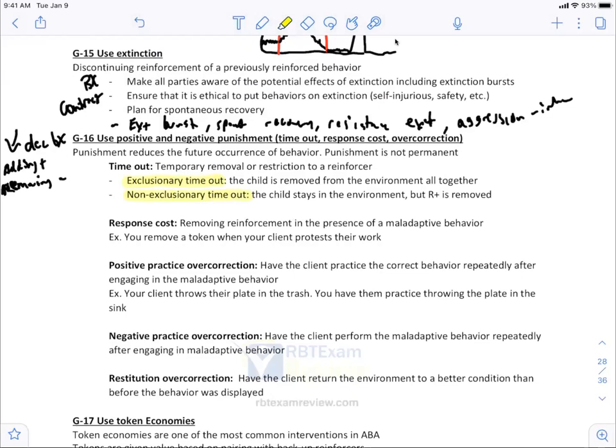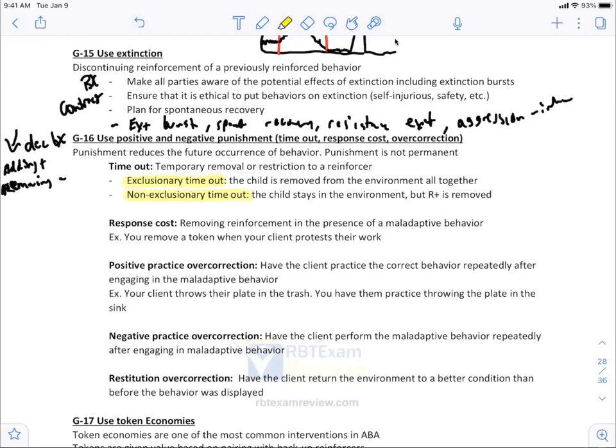Okay, timeout is a punishment procedure, right? Now, yes, we do often say it's not always a punishment procedure, but we typically think of it as a punishment procedure. Okay, and in the literature, it's referred to as a punishment procedure. Doesn't mean it's going to be punishing. That's a very important thing to remember as we talk about this, right?